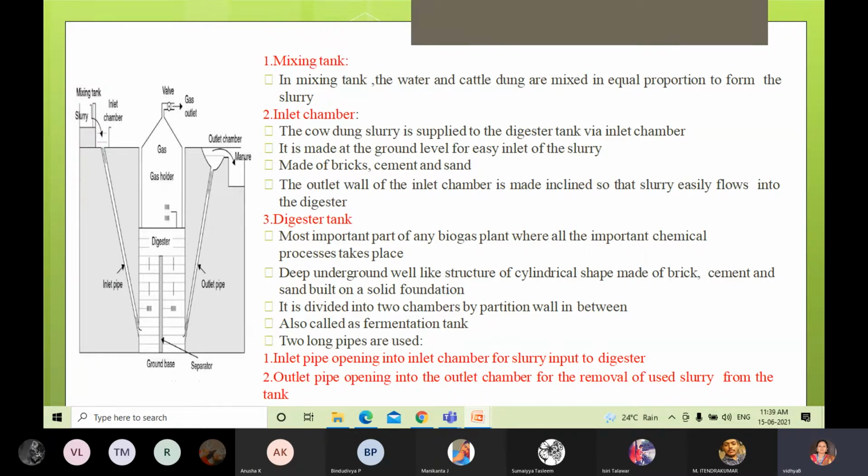And the outlet pipe is for the removal of used slurry. Okay, after the digestion process, the used slurry goes through the outlet pipe and will go to the outlet chamber.